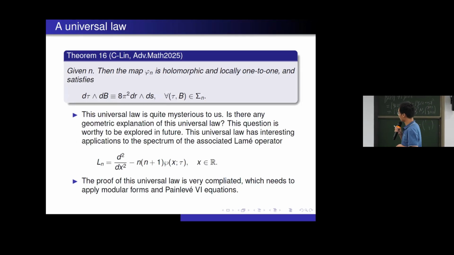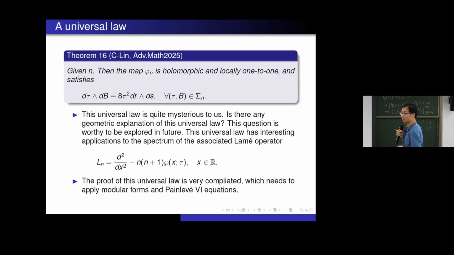So we find that this map satisfies a surprising universal law. Given any n, this map is holomorphic and locally one-to-one, and it satisfies this universal law. This universal law, first, this is a constant independent of tau and B. And second, this constant is also independent of n.